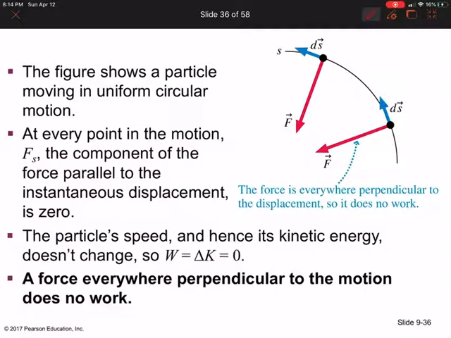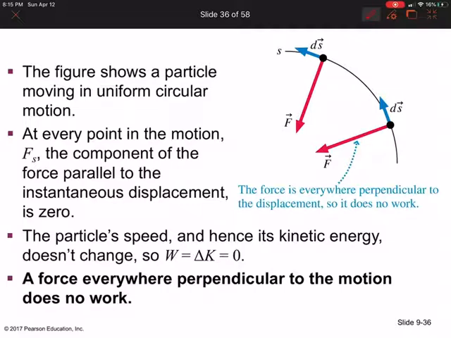Let's see, this is saying that the figure is showing a particle that's moving in a circular motion. At every point in the motion, the component of the force that is parallel to the instantaneous displacement... this isn't the static force, sorry.